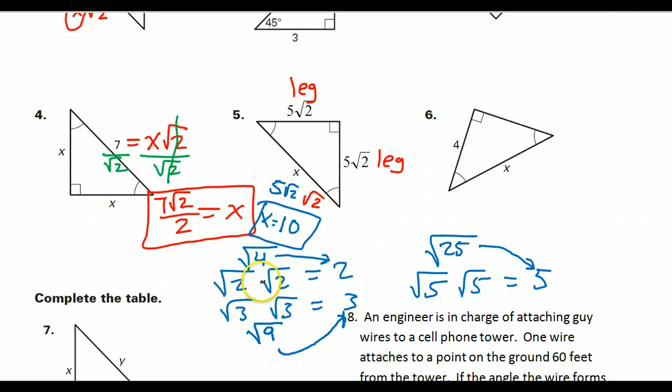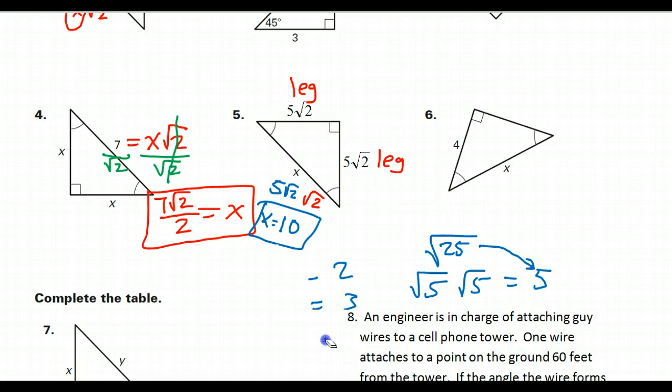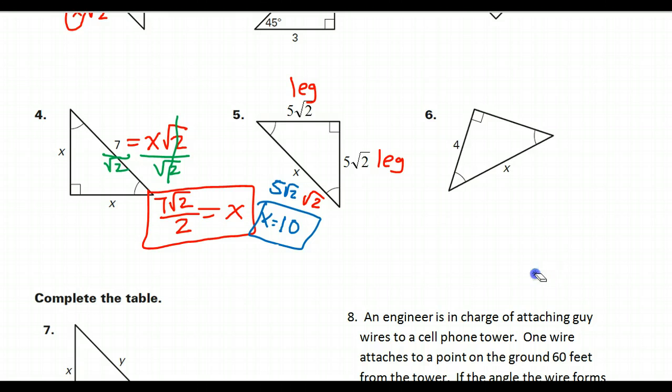So that's too much thinking. I want you to understand that if you multiply a radical by itself, you're going to get the number back. You can always use your calculator, but I find that it's better if you understand what's going on sort of behind the scenes, as it were. So this one's going to be 10. So watch out for problems like that.